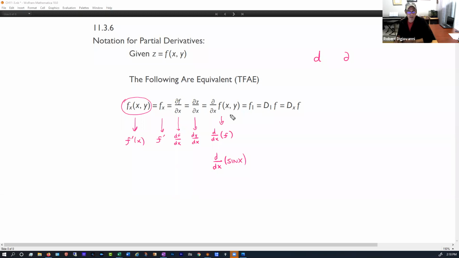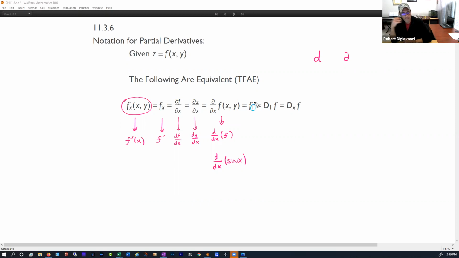The next three notations, we do not have equivalents of in Cal 1. These are new. So if you write f with the number 1 below it, it means to take the partial derivative with respect to x. How are you going to know that I'm talking about x? Why does 1 tell you that you're taking the derivative with respect to x?